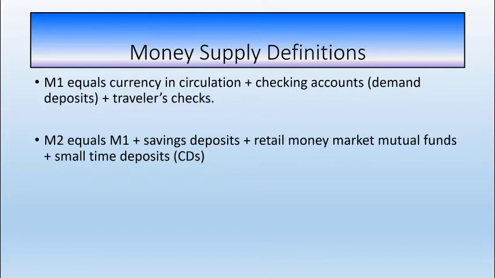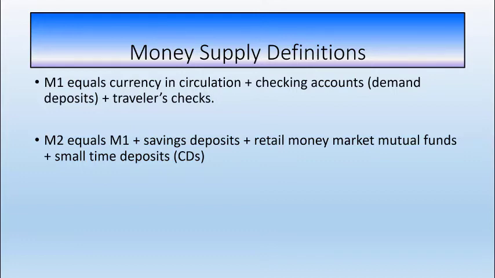And better than what you'd get out of a savings account. Then the final form in the definition of M2 is small time deposits. Small means it's under $100,000, and time deposits are like CDs, certificates of deposit, where you basically deposit your money in a bank with the agreement that you'll keep your money in there for 3 months or 6 months or a year, whatever the specified term is. And the bank will actually penalize you if you try to pull your money out early.